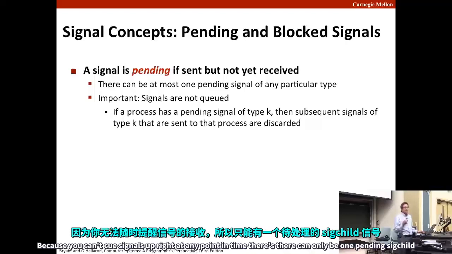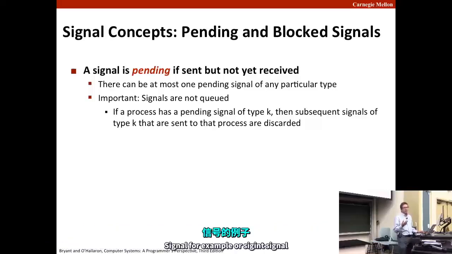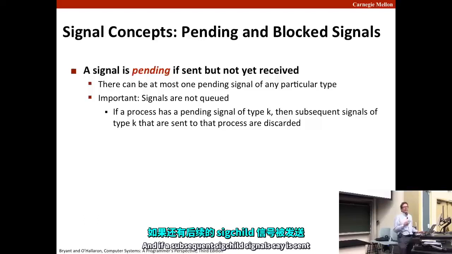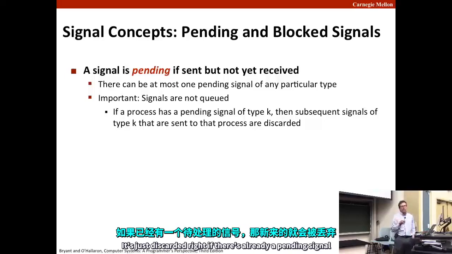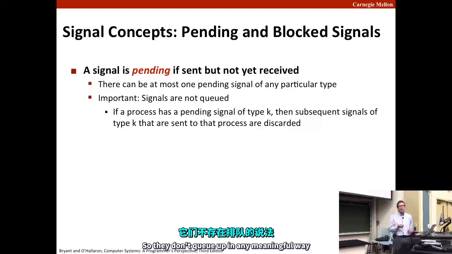At any point in time, there can only be one pending SIGCHLD signal, for example, or SIGINT signal. If a subsequent SIGCHLD signal is sent while one is already pending, it's just discarded and has no impact, so they don't queue up in any meaningful way.